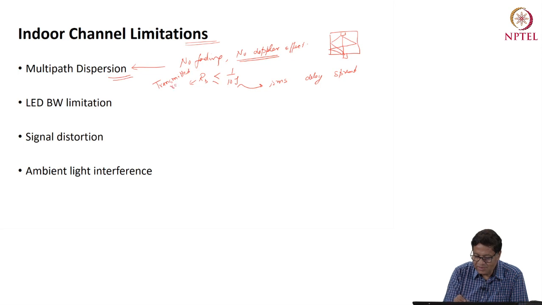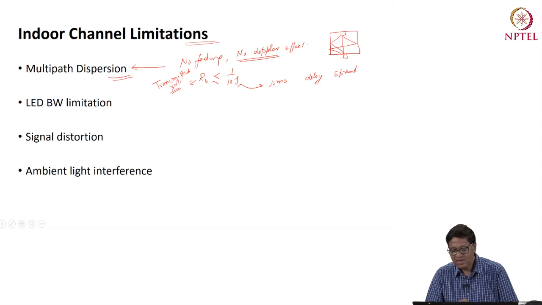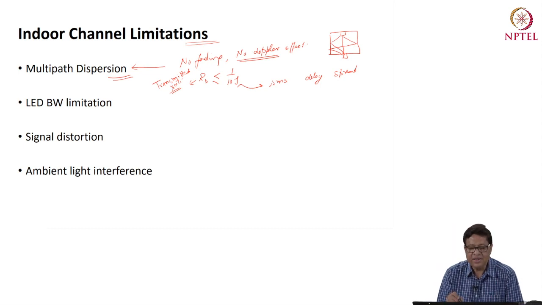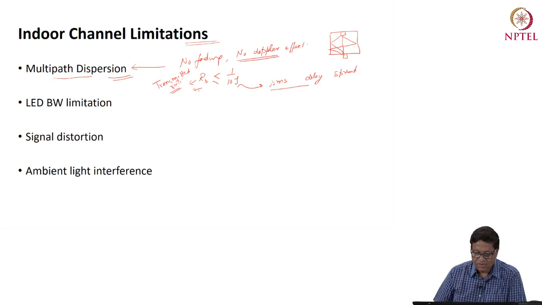So as long as this condition is satisfied, you will get this data rate. So multipath effect has an effect on delay spread, and accordingly your data rate will be affected. So this is one thing we need to control, right? And also it's a fairly deterministic channel. This channel is actually time invariant.